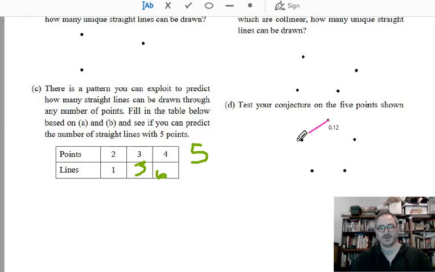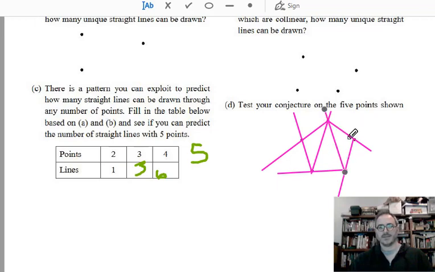Let's see, there's going to be 1, 2, 3, 4, 5, then 6, 7, 8, 9.